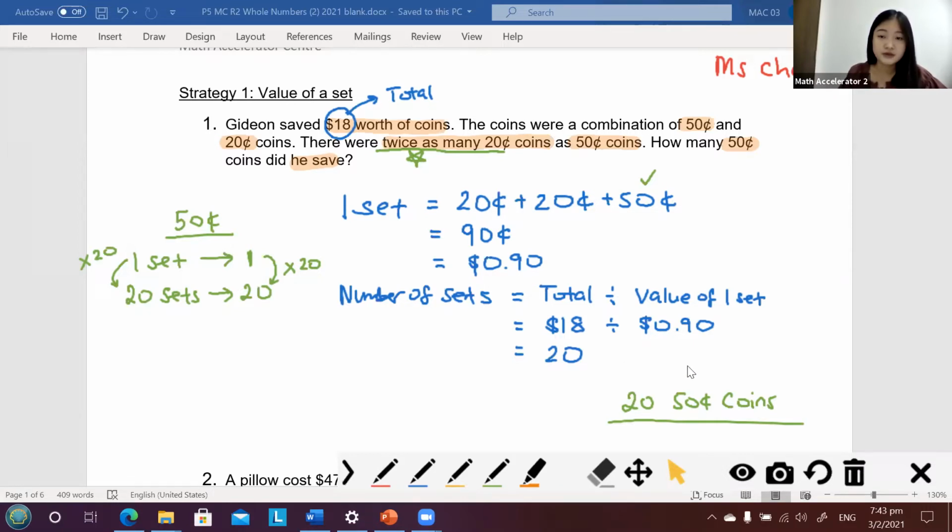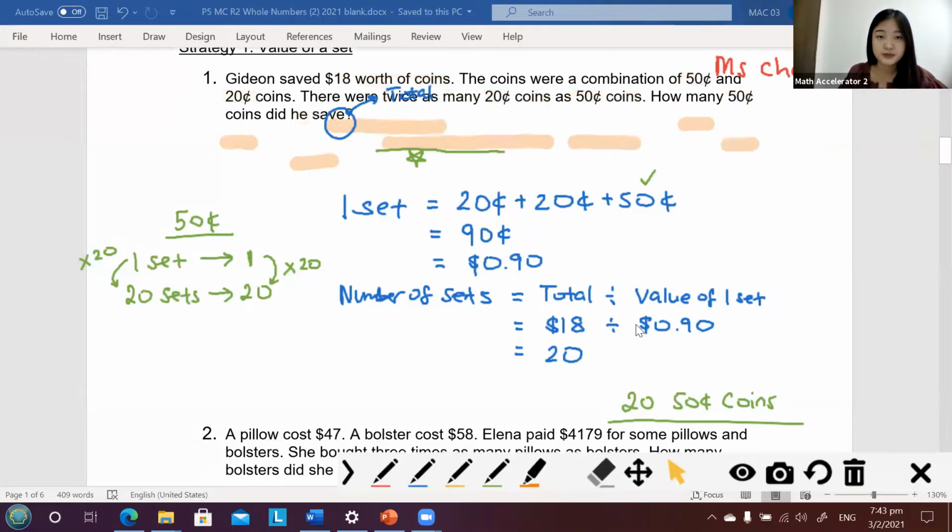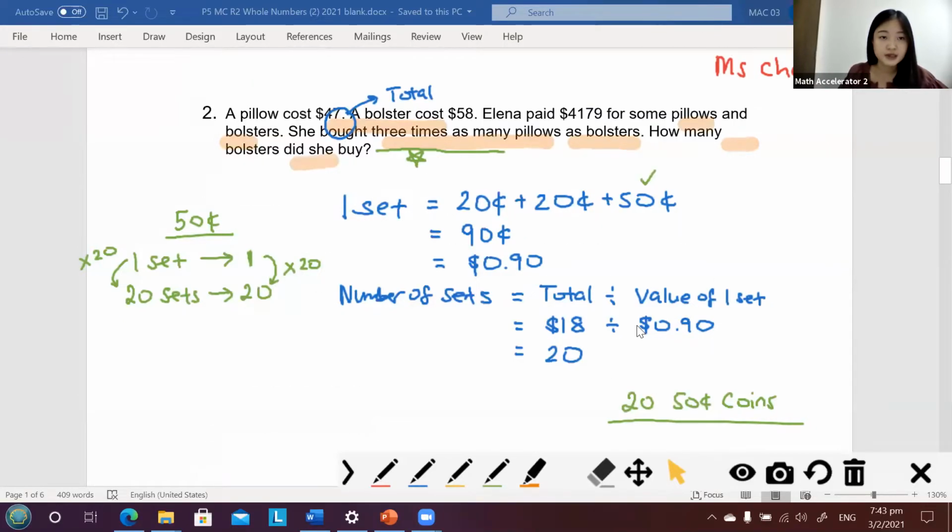You can do that, but it may not be the fastest method. You might have lines and lines of guessing and checking. Don't worry if you don't understand yet, if you're a bit confused. We'll try a few more questions, and you should understand better. Let's go to question 2.